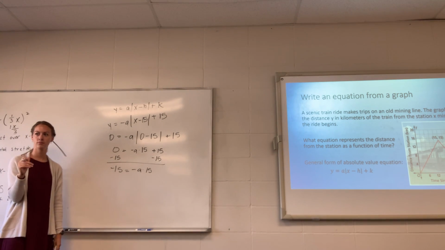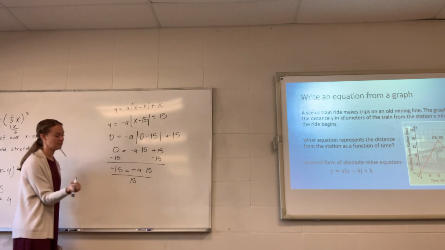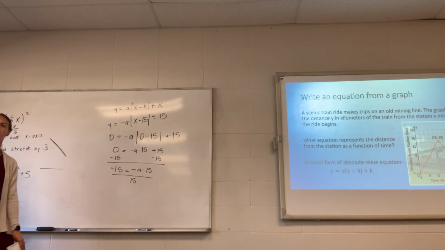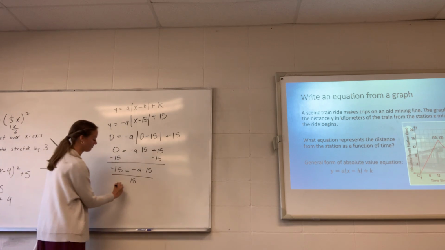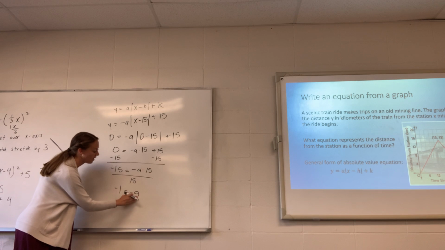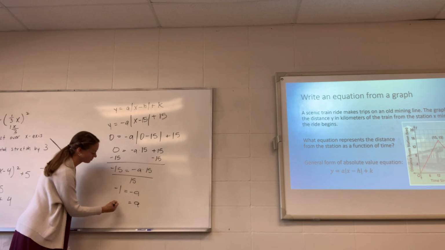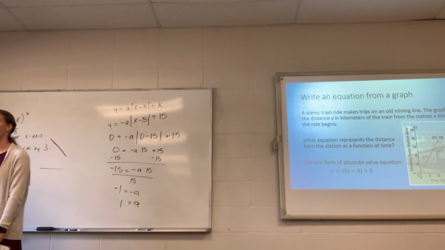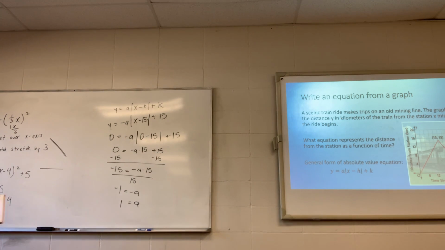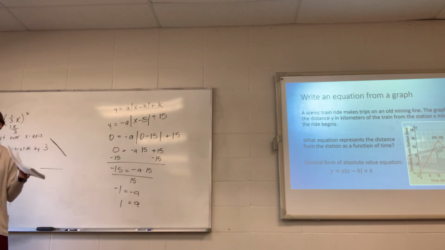Yeah, divide. So if I have negative 15 divided by 15, what does that give me? Negative 1. So I have negative 1 is equal to negative A. If I need positive A, what would I do? Yeah, divide by negative 1, so I just have positive 1, right? Okay, so I now know I solved out my A is just 1, I'm not stretched or compressed.